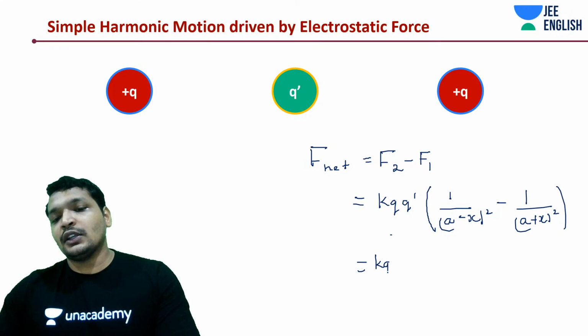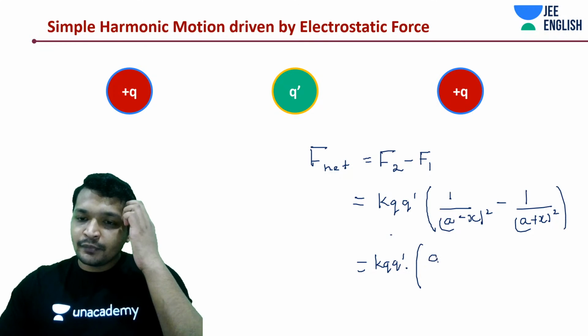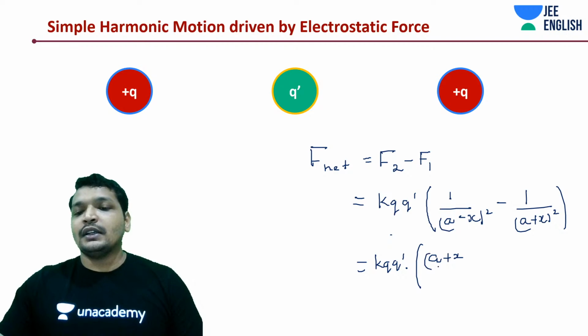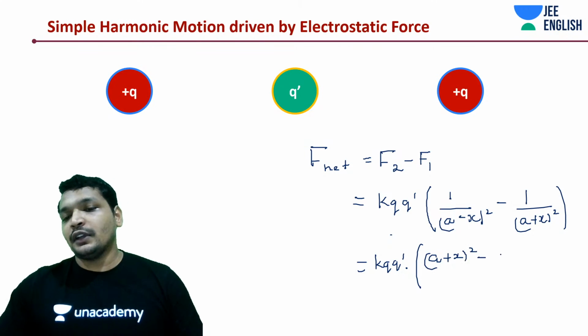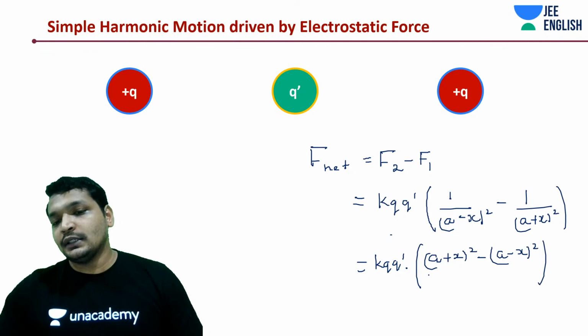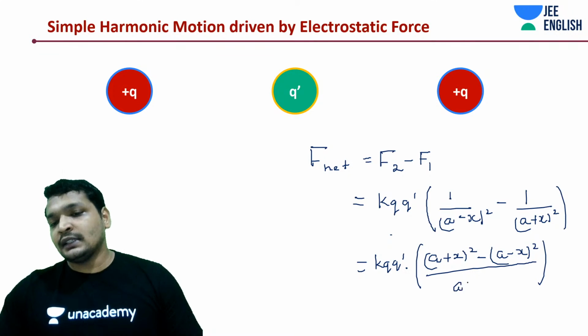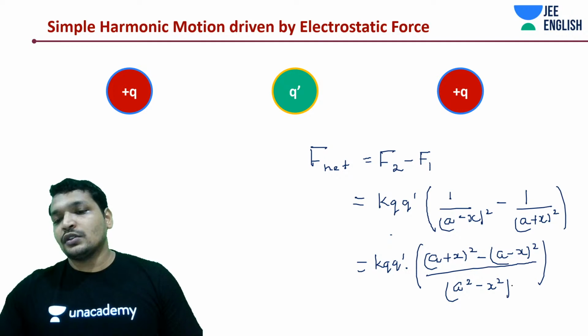Right, this is Kq' into [(A plus X) whole squared minus (A minus X) whole squared], divided by (A minus X) into (A plus X) whole squared. Can this be written as (A squared minus X squared) whole squared?